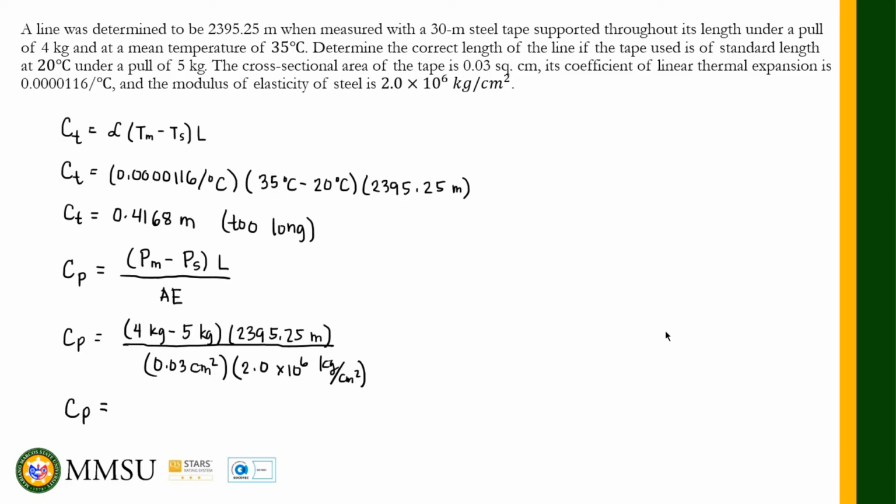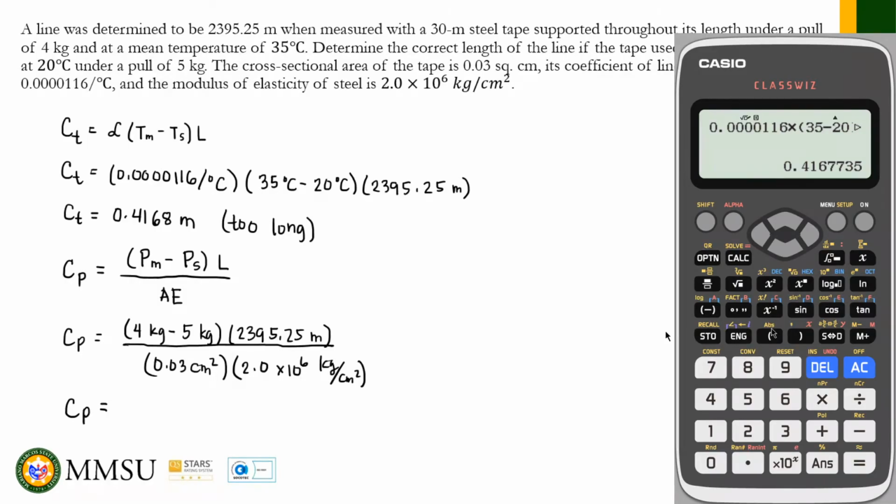Okay, so let us open our calculator again. So this is a fraction. That's 4 minus 5 multiplied by 2395.25 all over 0.03 times 2 exponent 6. Okay, that's negative 0.0399 meters.